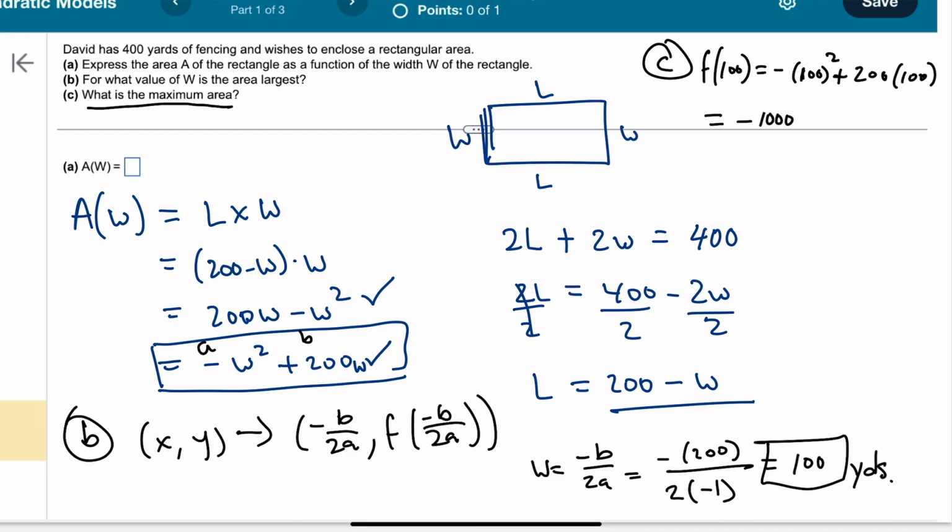100 squared is 10,000, which, by the way, you want to try your best on the test. But if you ever have a big number like this on the test, just work with it. But you're more than welcome to ask because sometimes people end up with big numbers and they're not supposed to. So that's negative 10,000 plus 200 times 100, that's 20,000. Okay, so then negative 10,000 plus 20,000, that's just 10,000.